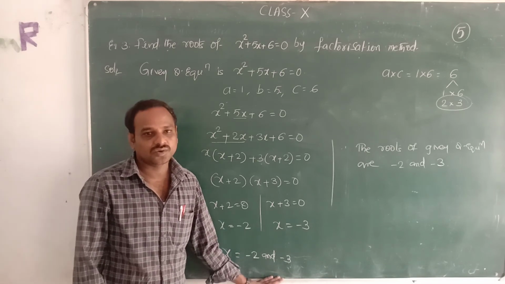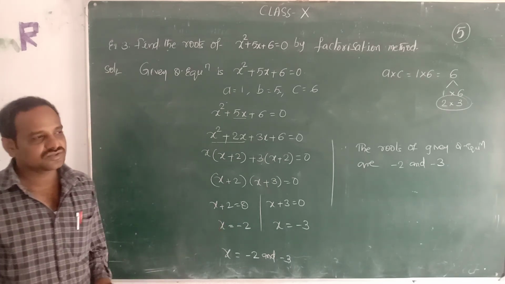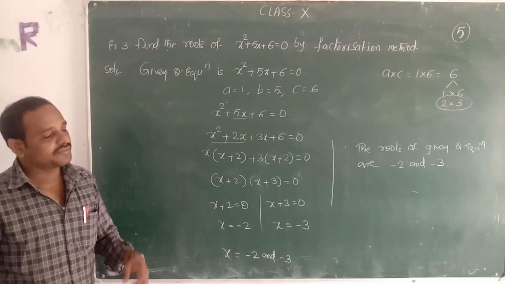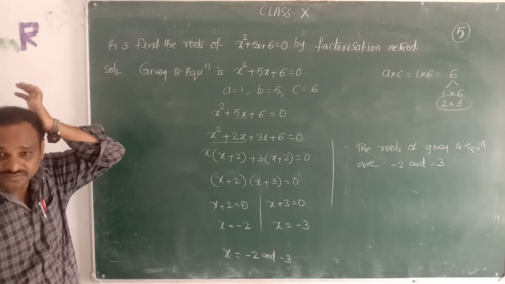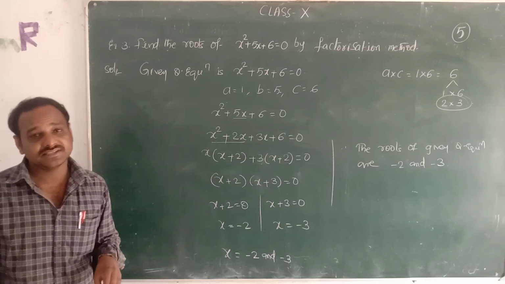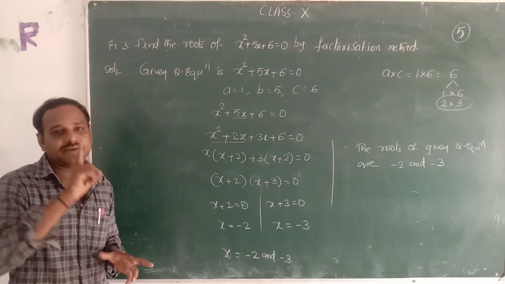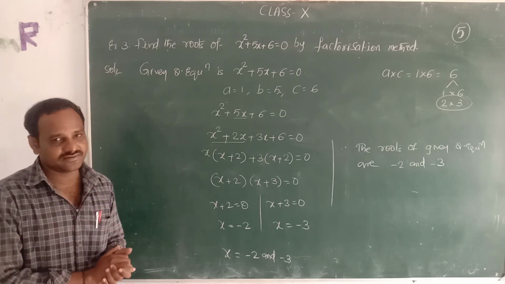These are the roots of the given quadratic equation. Did you understand? So these are the problems based on the concept of finding the roots of the quadratic equation by using the factorization method, in that type 1 problems. That means what? A directly given quadratic equation.